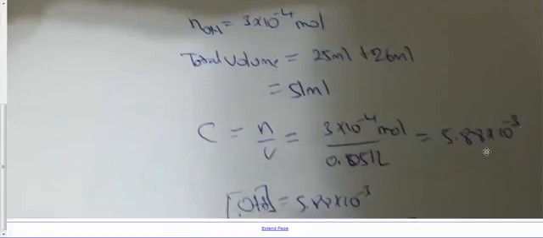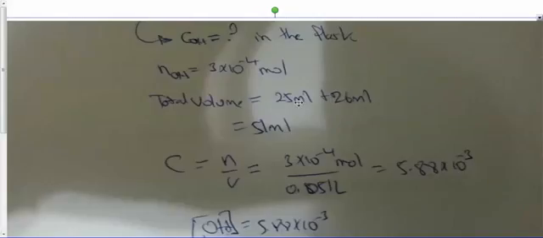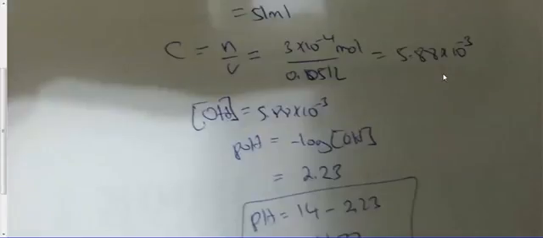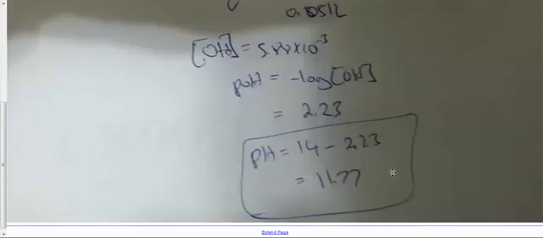So this number is the concentration of OH. Simple as that. Once we know the concentration of OH, we just find pOH, which is negative log of that number, which is 2.23. Then pH is 14 minus that number, which is 11.77. And if you check your book, that answer is correct.